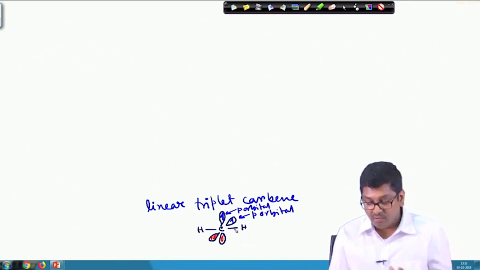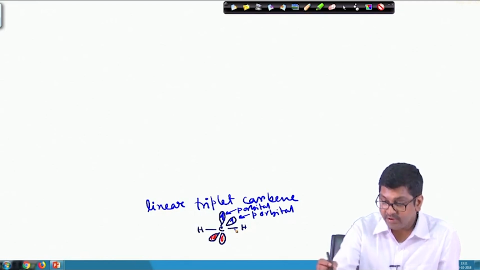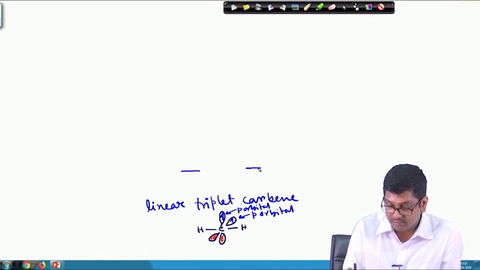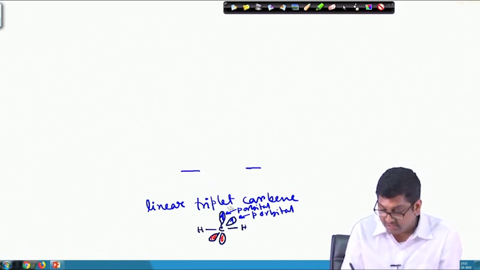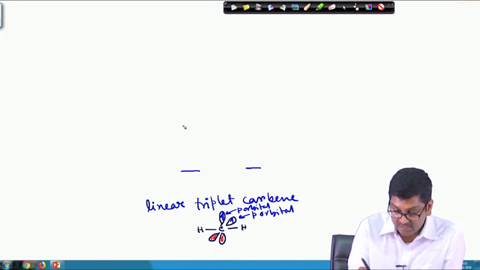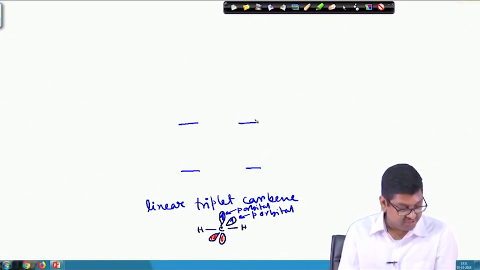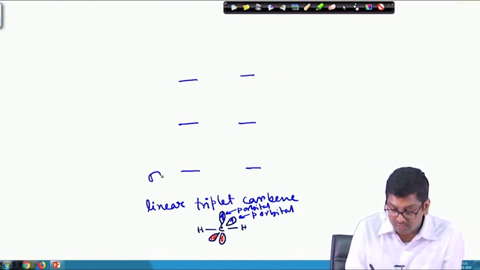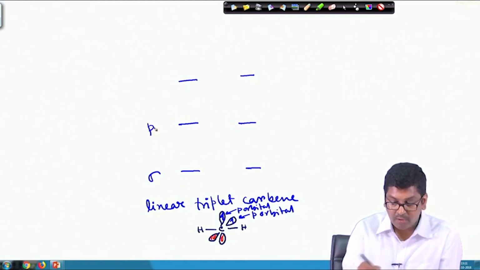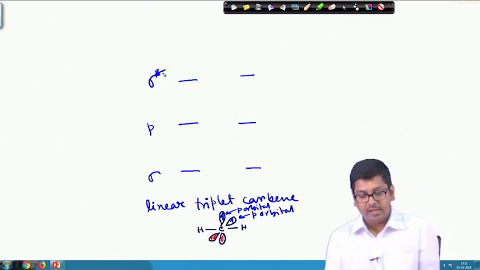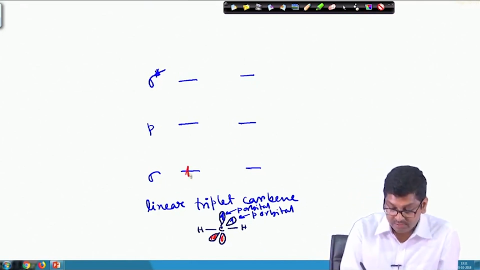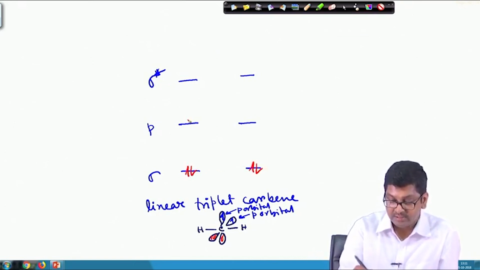Now, if we again draw its orbitals that way, here these 2 p orbitals are similar in energy, and then sigma star. So, 2 bonding, then 2 p orbitals. Now, let us fill it up, so total 6 electrons.